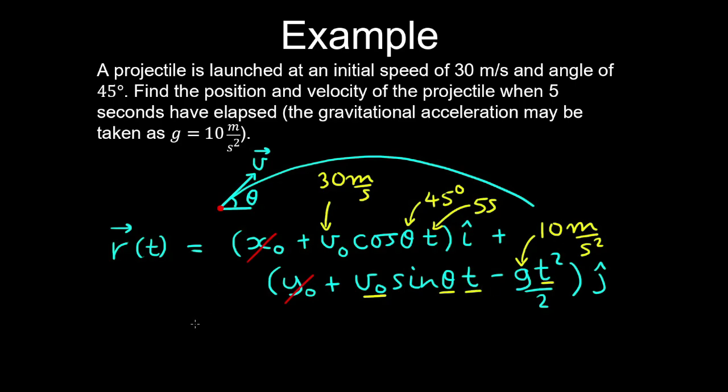And calculating this out, we get 106 meters in the x direction and minus 18.9 meters in the y direction. So that means that the projectile was not launched from the ground. So it'll land at a position of 19 meters below its launch position.